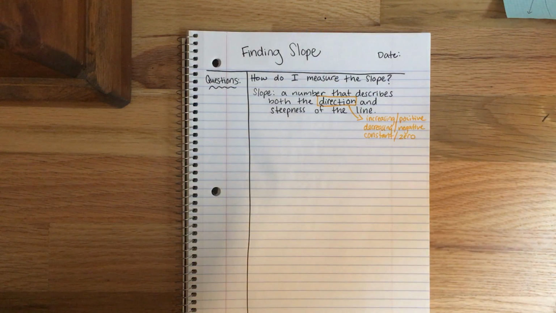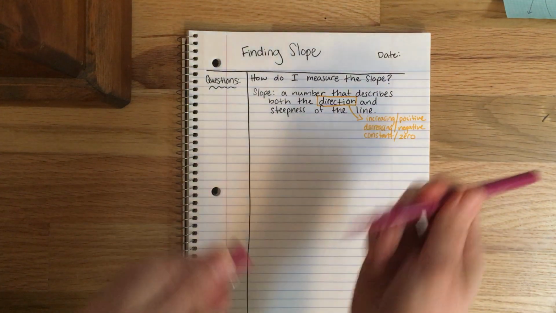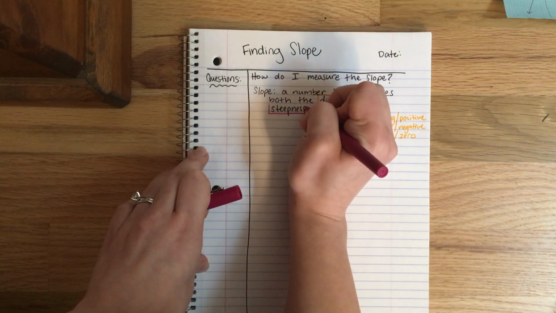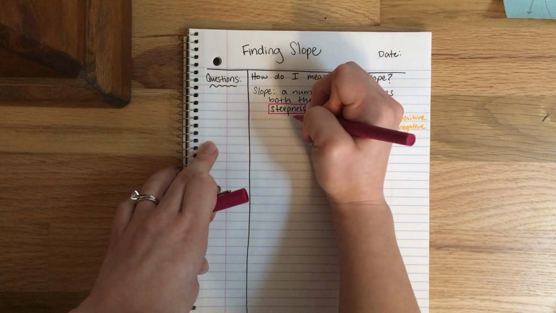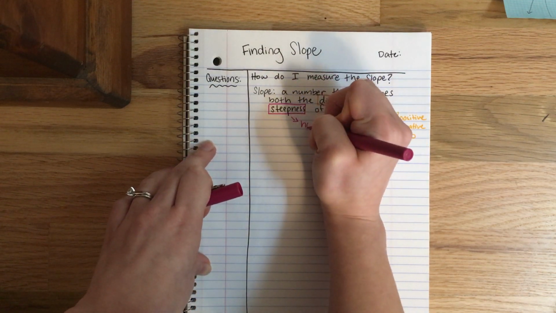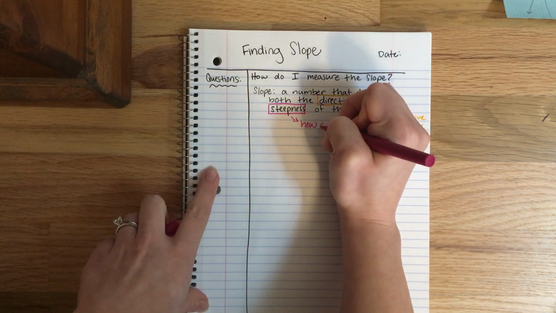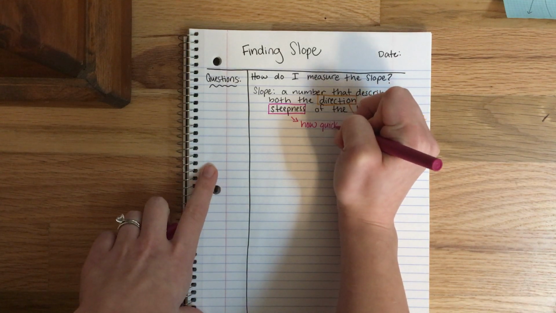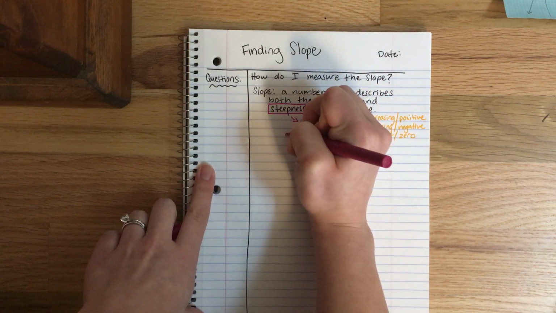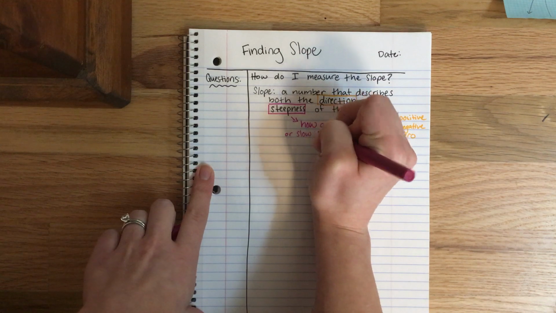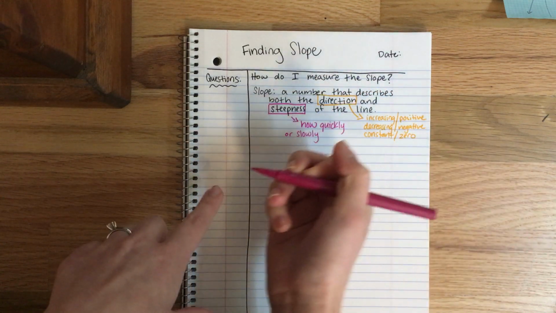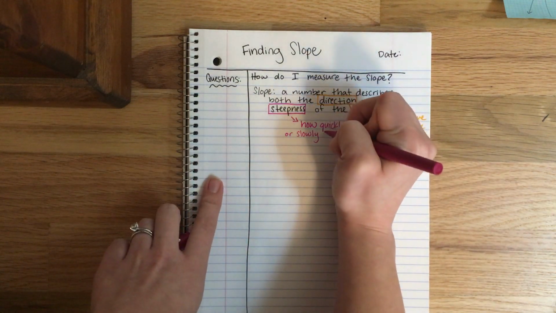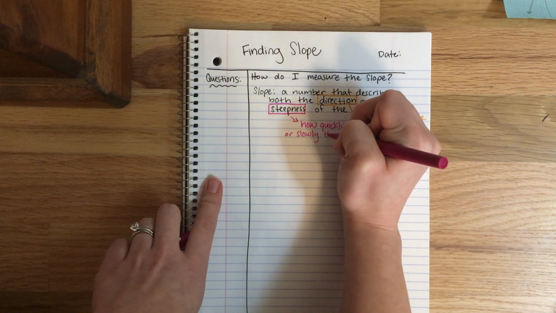So we can identify right away from looking at it the direction of the slope, that positive, negative, constant, or zero nature. And then the second thing it describes is that steepness, and we talked a little bit about what steepness means. And the steepness really means how quickly or slowly, right, kind of the same thing, how quickly or slowly the line increases or decreases.